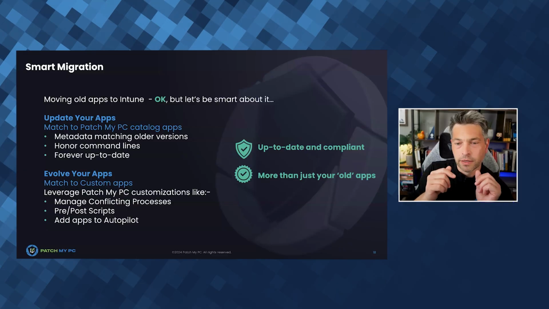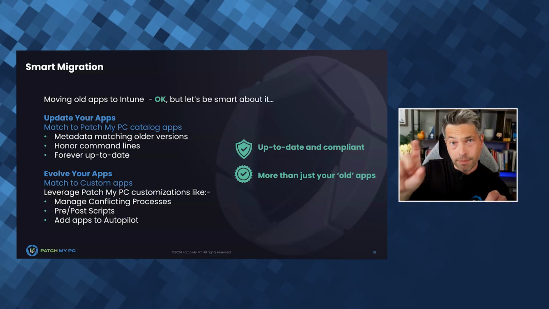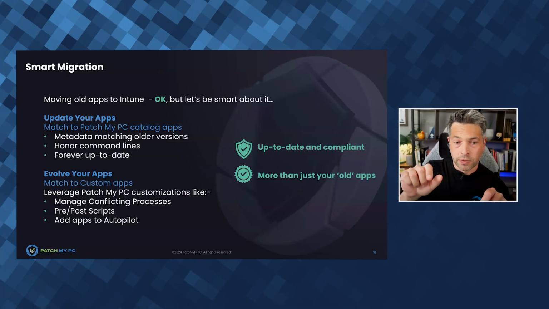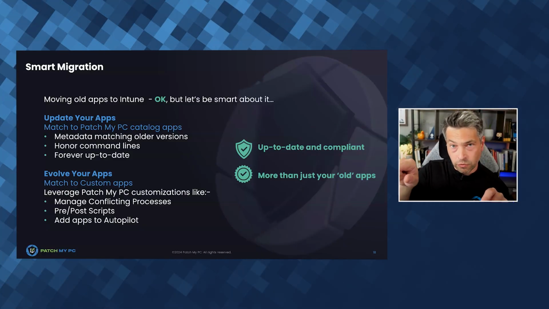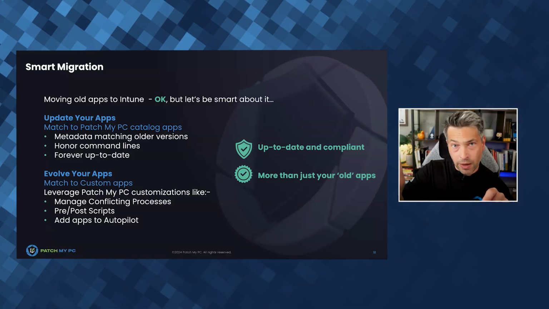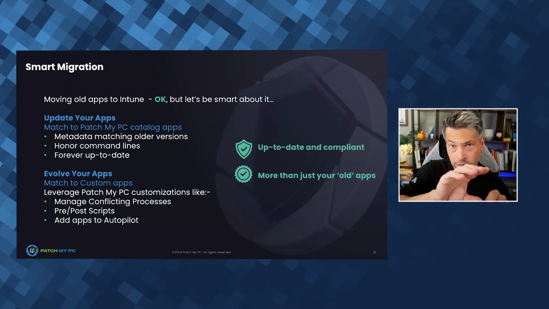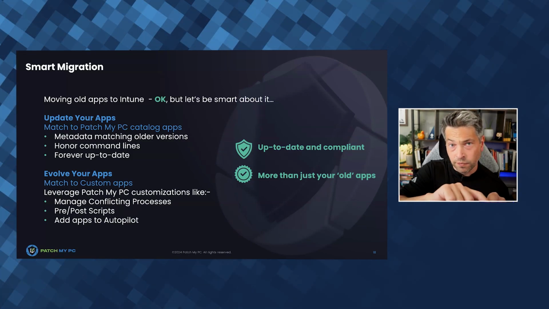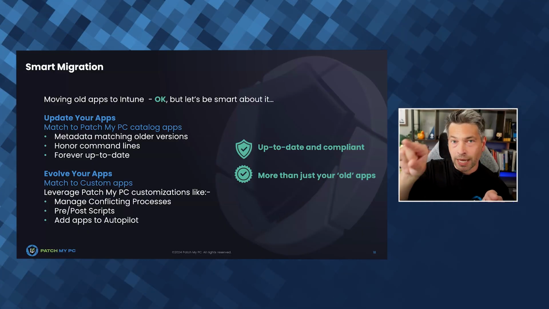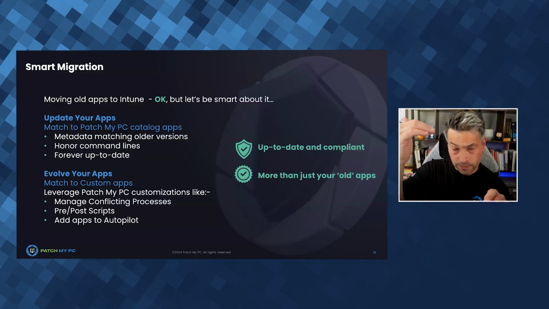And we will say, we are supremely confident that the application you have there matches an application that already exists in the Patch My PC catalog. So instead of moving the application, which may be vulnerable, let us match it to a catalog app and publish it that way with the same install arguments and the same customizations you have in the ConfigMgr app. That's smart because we're moving you to a catalog application that our team is going to update for the life of the application.